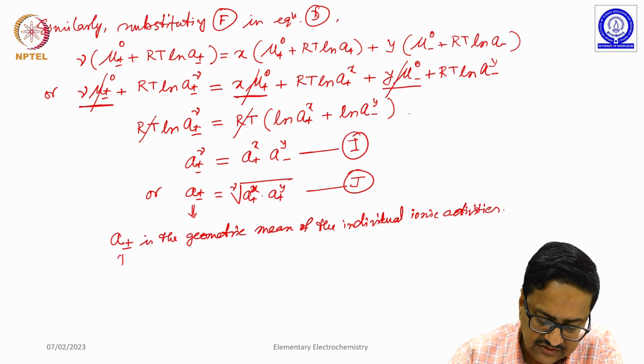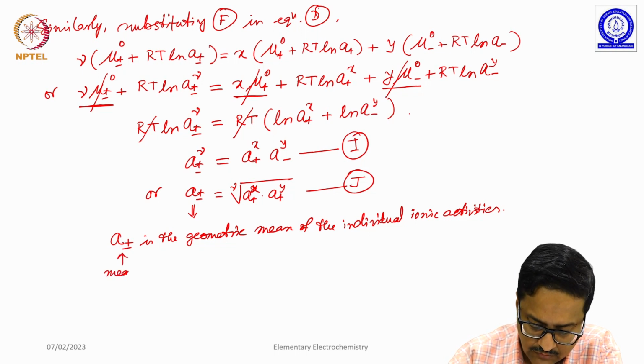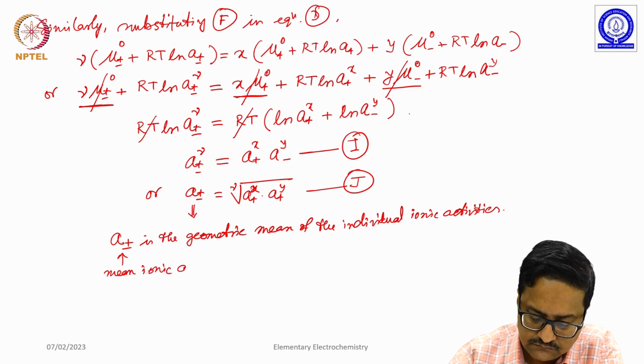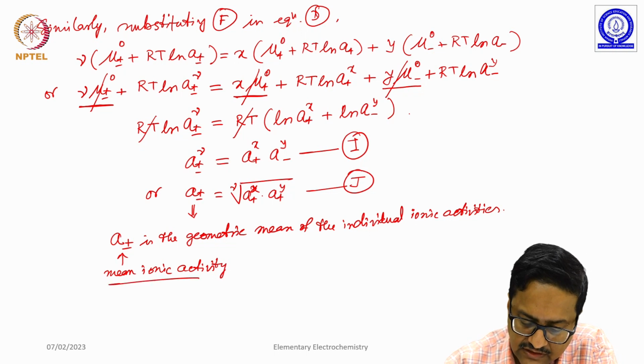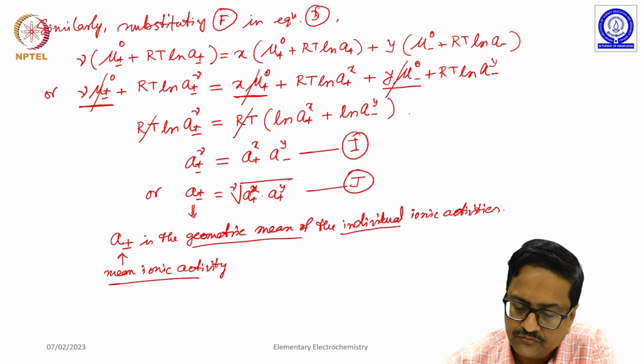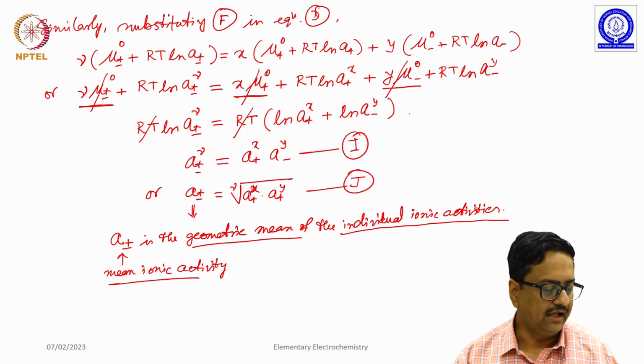This A plus minus is the mean ionic activity, which is the geometric mean of the individual ion activities, correct?